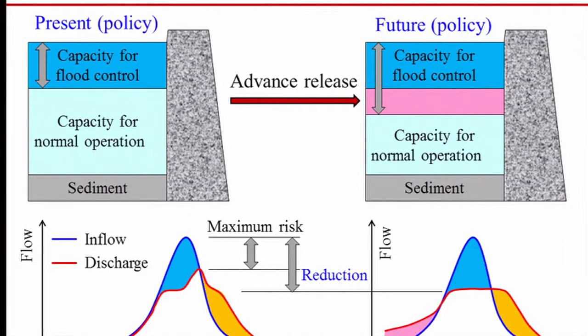You know that throughout the country we have 1,000 reservoirs. At the moment, the reservoirs have enough capacity to regulate the flood. But in the future, when the precipitation is increasing, this capacity might be insufficient.